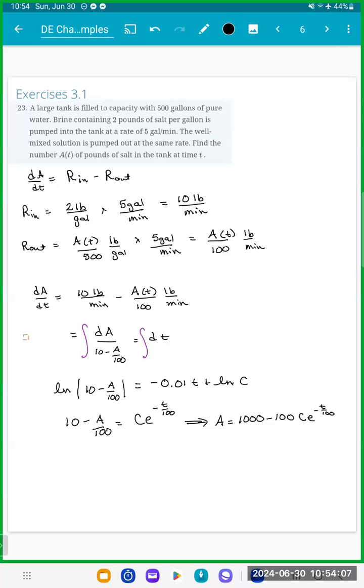Okay, so at time 0, A naught, we had that is 0, so we can say 0 equals 1000 minus 100c times e^0. Therefore, c equals 10. So our formula would be A of t equals 1000 minus 1000, right? Because 100 times 10 is 1000, e^(-t/100) pounds.